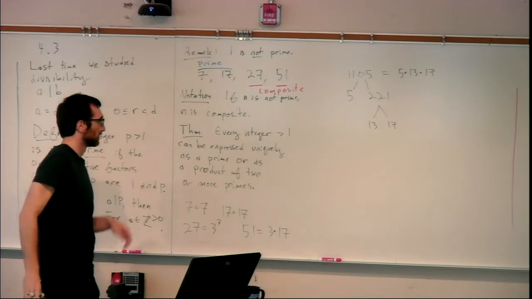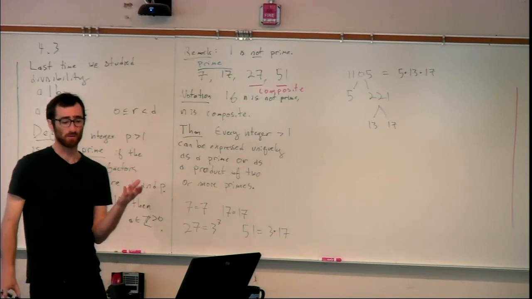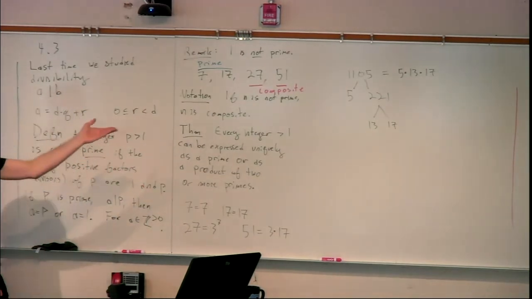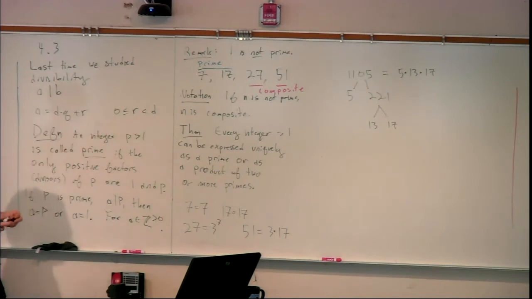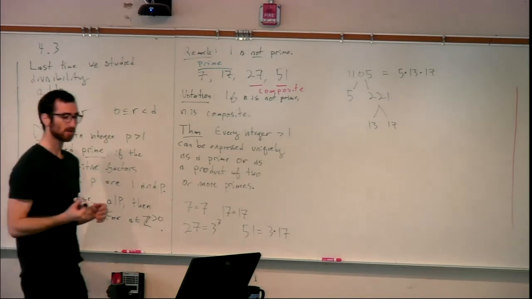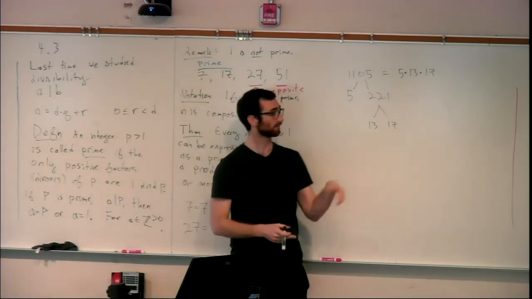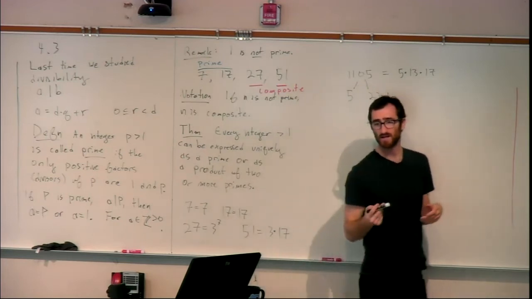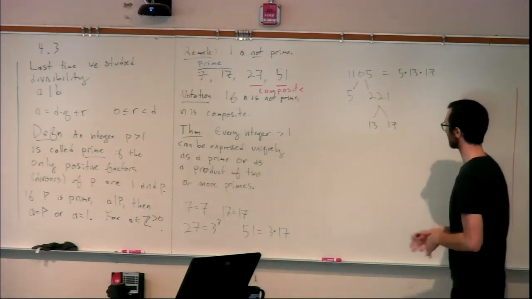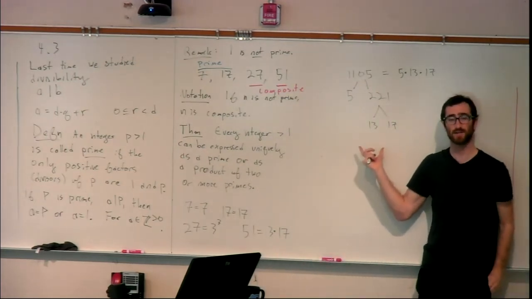Okay, so assuming that we want to write integers in terms of primes, the next question is, how do we determine whether a particular number is prime or not? For instance, with 221, this is a big enough number that it's not immediately obvious whether anything divides it at all.